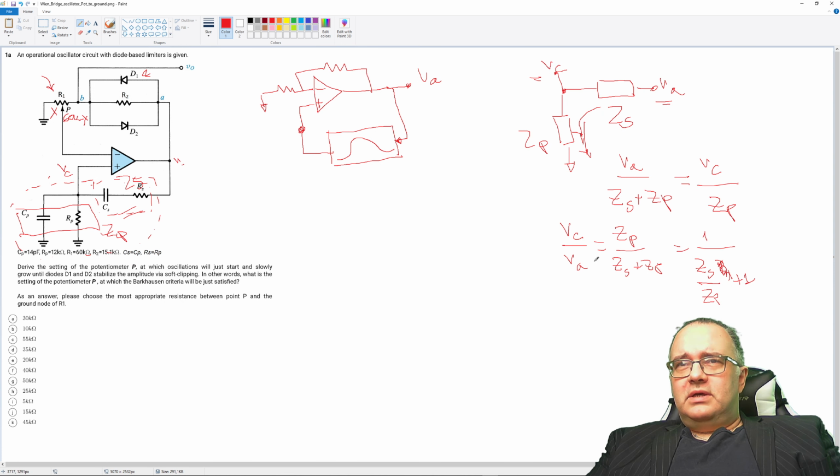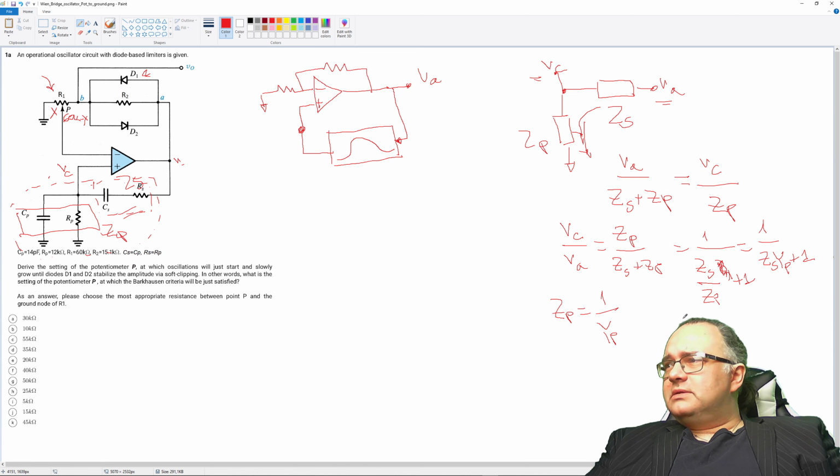And we know that we can just represent ZP with 1 over YP, the conductance, and then this will be 1 divided by ZS YP plus 1.